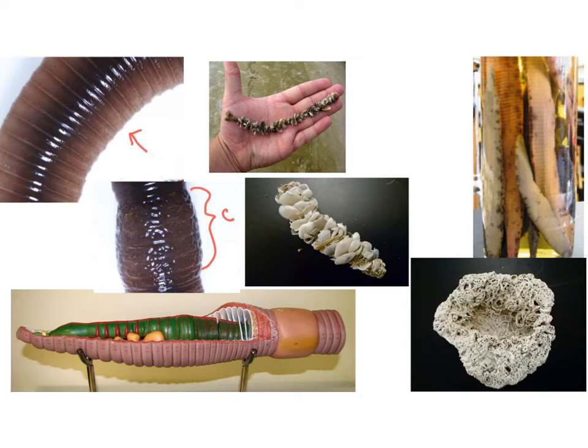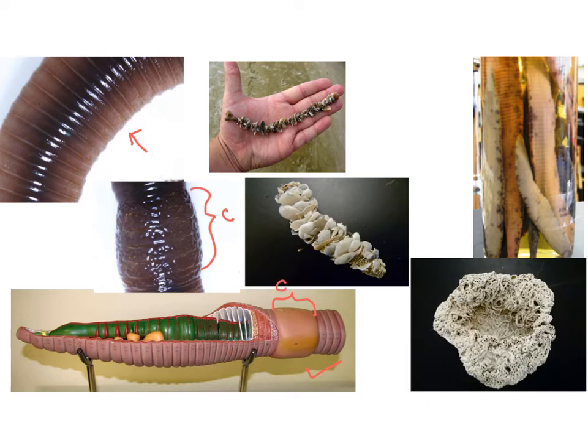And the clitellum is what produces a type of little cocoon. Earthworms are hermaphrodites. In other words, they have both sexes in each organism, but they do have to mate with a second organism. And they swap sperm, and then the eggs come out in a little cocoon produced in that area. This model right here is supposed to be part of an earthworm, and this thickened area right here is also the clitellum.